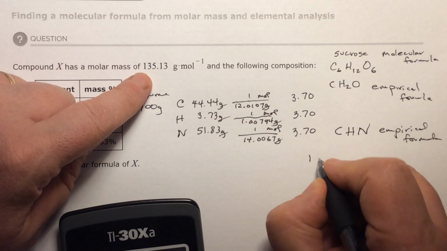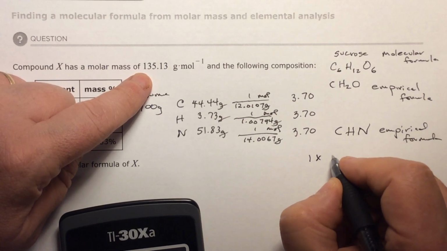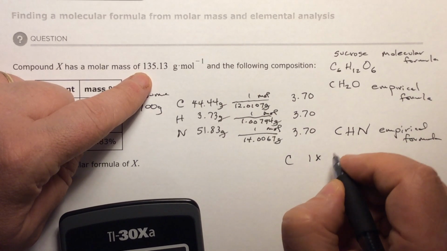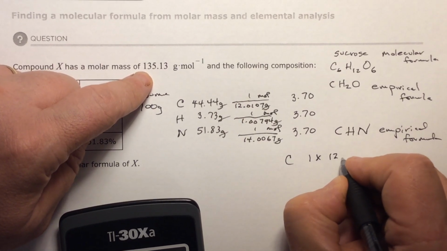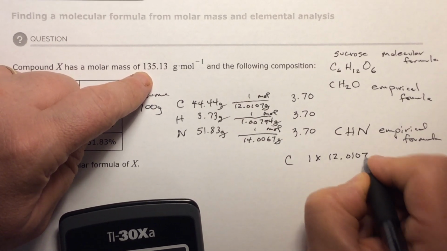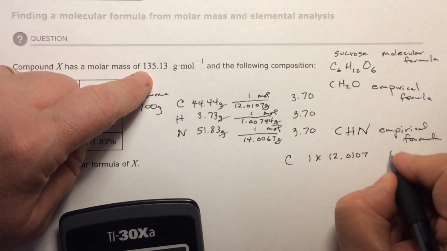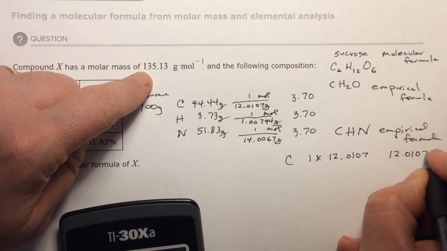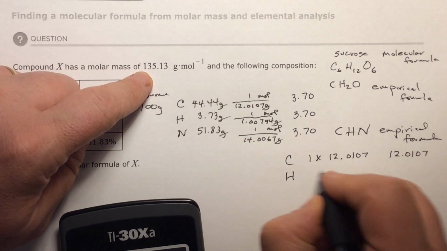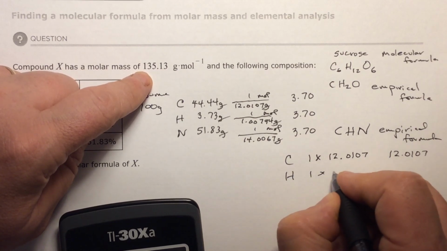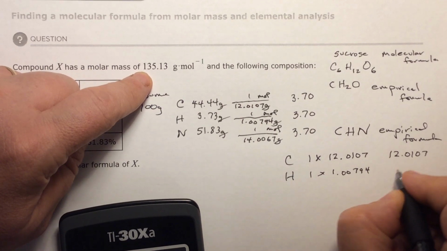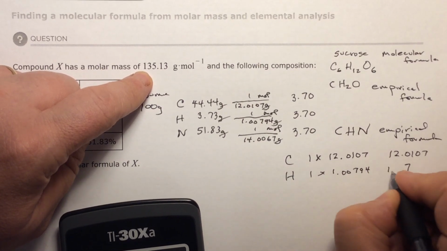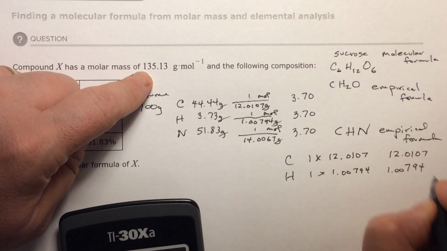Well, I've got 1 atom of carbon, and if I go to the periodic table again, carbon is 12.0107. So it's 1 times 12.0107. I have hydrogen. Again, that's 1, so it's 1 times 1.00794, which gives me 1.00794.